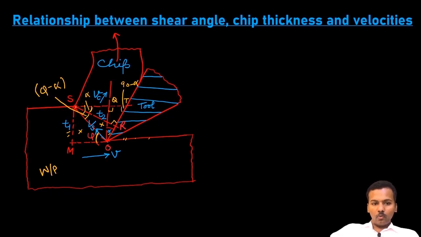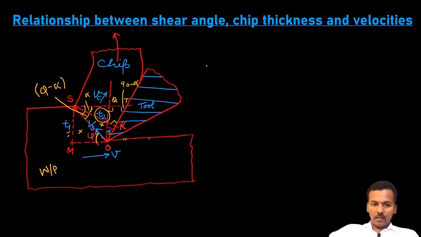When you draw the perpendicular from S to the contact line between the chip and tool, this SR is basically the chip thickness, that is T2. So from this triangle we get the relationship between T2 and OS, in terms of phi minus alpha, and from the other triangle the relationship between T1 and OS in terms of phi.